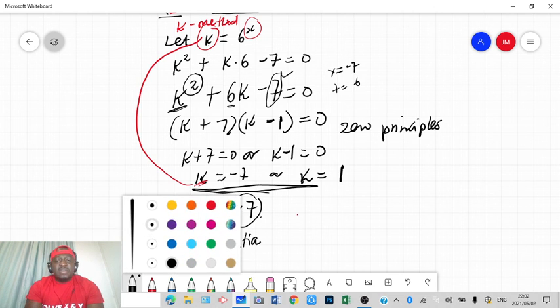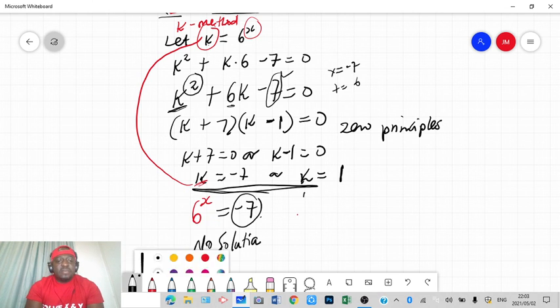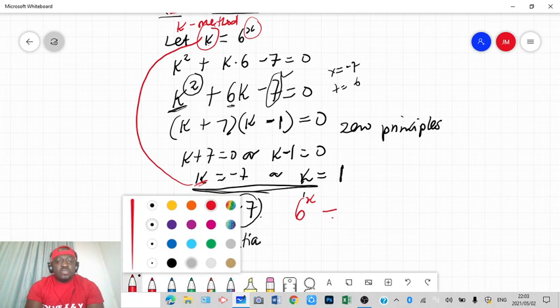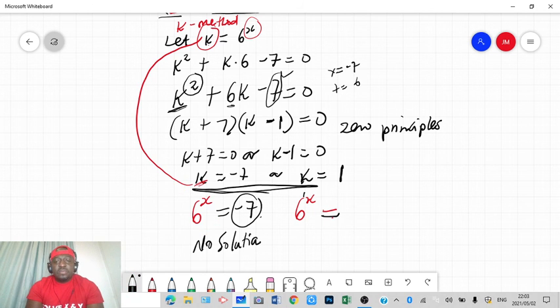Wherever I see k, I'll put 6 to the power x, and that will be equal to 1. The bases are not the same, but then I have 1 here. Is there any way you can change this or work this out? Remember one of the laws that says anything raised to the power 0 is equal to 1.